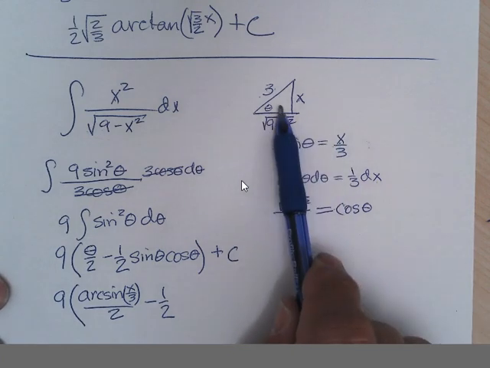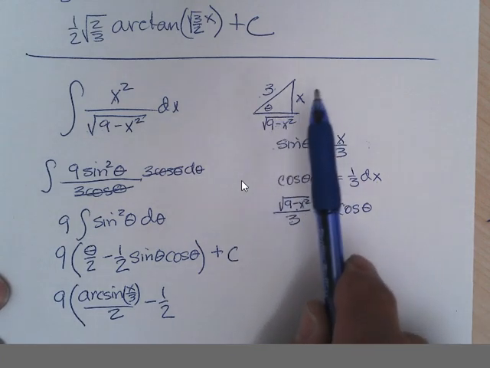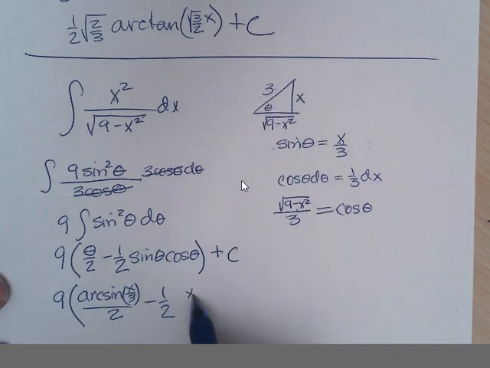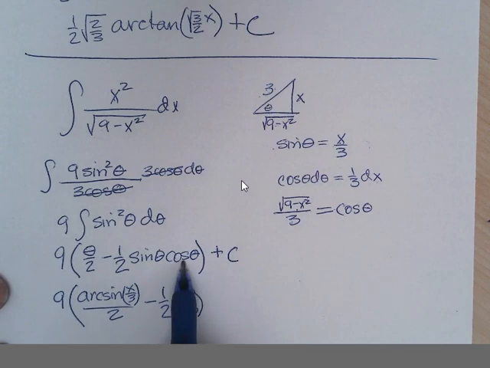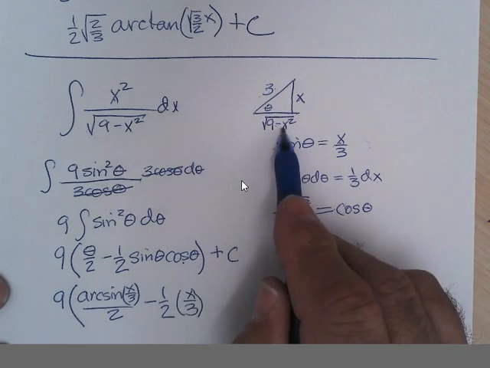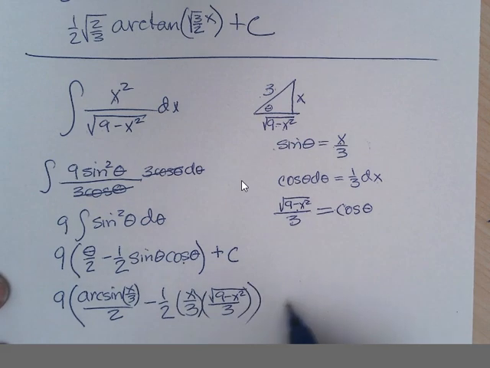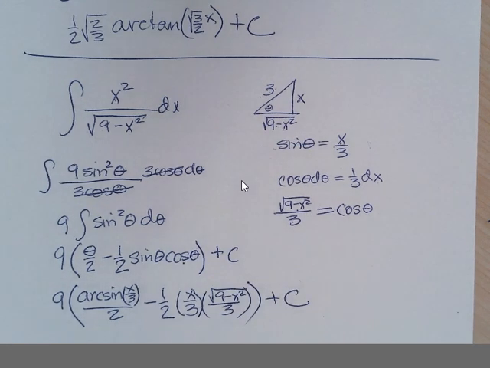See, sine is what side to what side? Opposite over hypotenuse, so that's x over 3. And cosine, that's adjacent over hypotenuse, so that's square root of 9 minus x squared over 3, plus c.